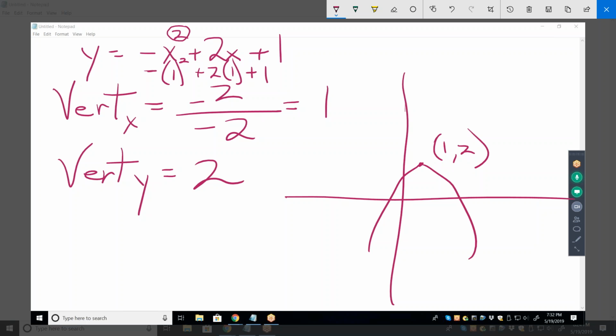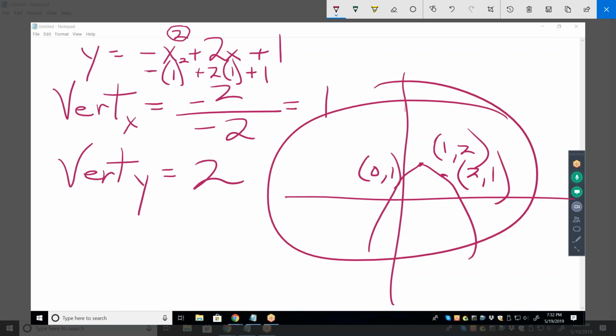So one would just be 0, 1. Another one would just be 2, 1. Good. That's fast. You did that really fast. That's all you need to do to graph these things: find 3 points and draw a parabola through them.